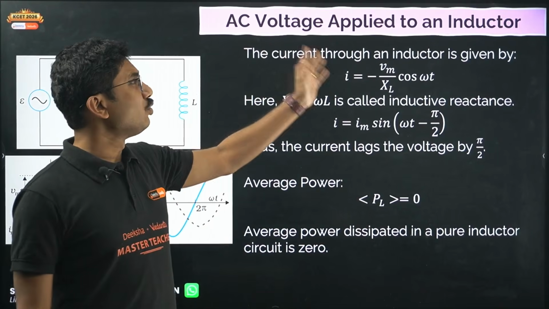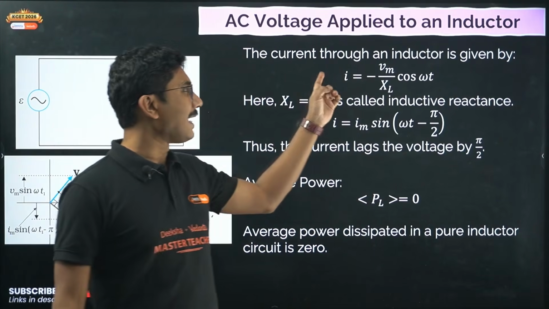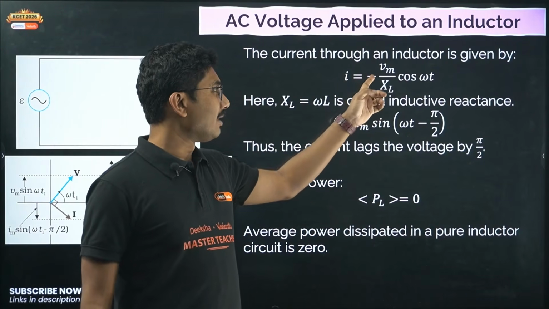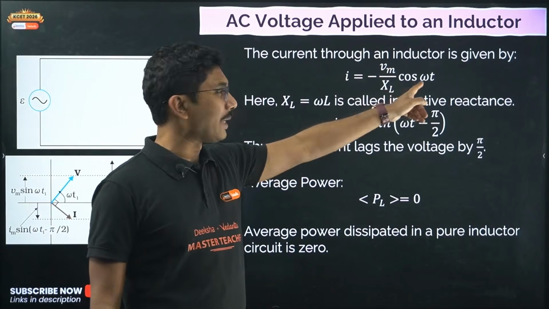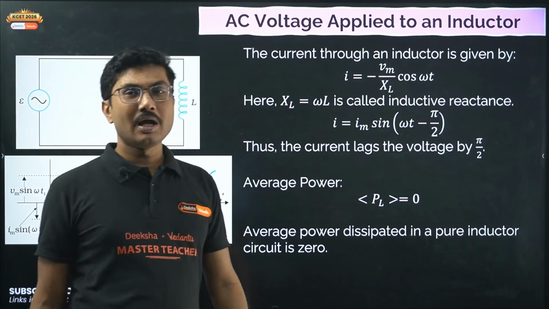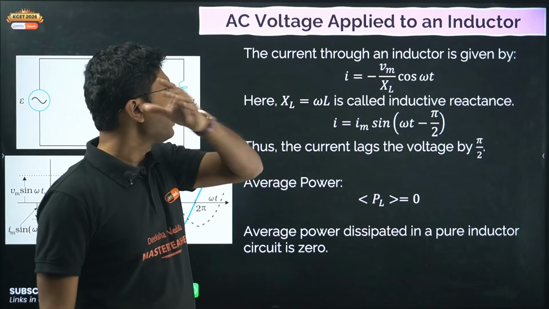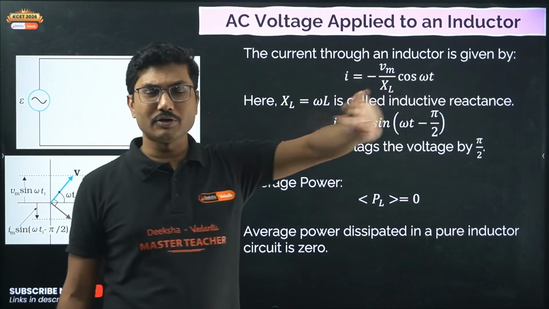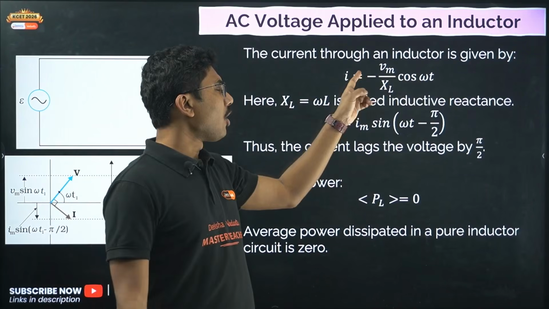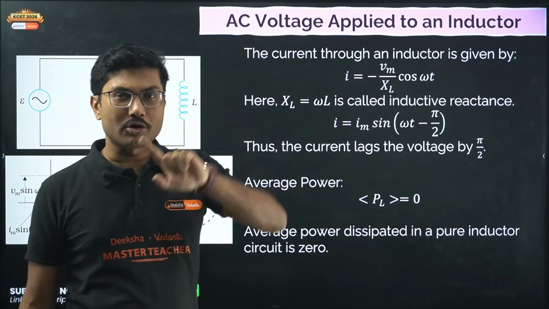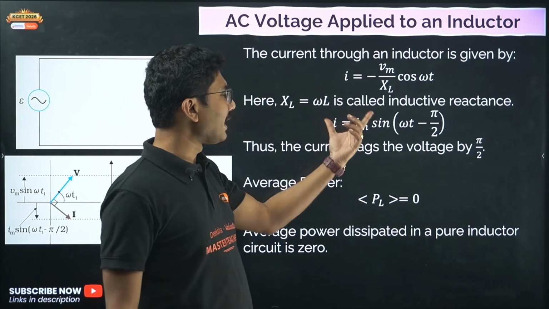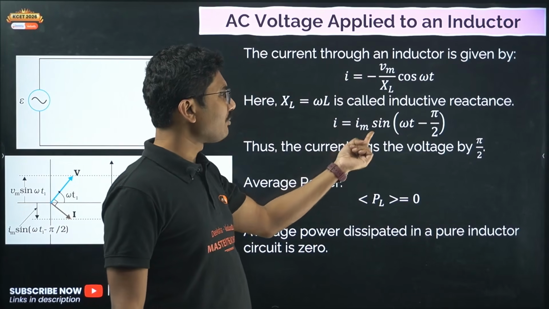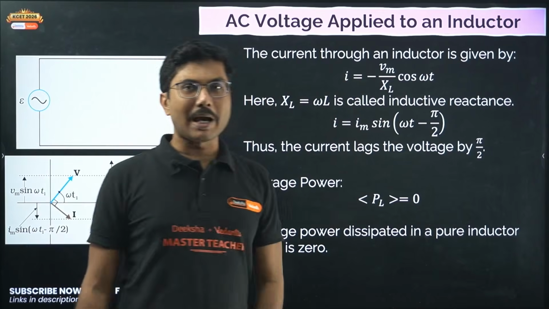The current through an inductor is given by I equals minus Vm by XL cos omega t. So there is a negative sign coming. The derivation part is not there. So I is equal to minus Vm by XL cos omega t. So it is no longer sin omega t. Also there is a negative sign, minus cos omega t. So if you simplify that, you will get I equals Im sin (omega t minus pi by 2).